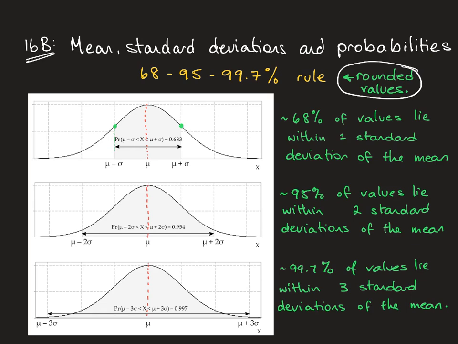But what we also find is that in between whatever value it is here, say that was a 3, and whatever value it is up here, say that's a 5, approximately 68% of our data values lie within this space here.